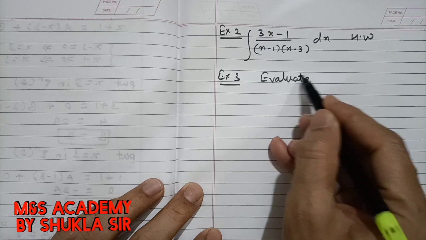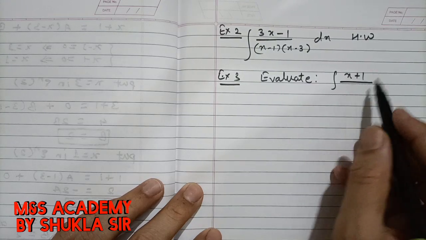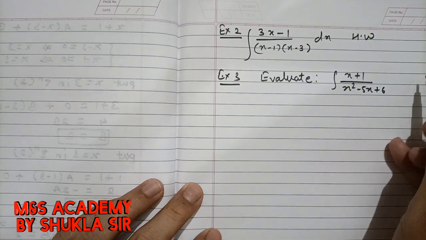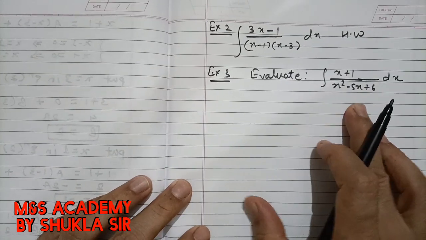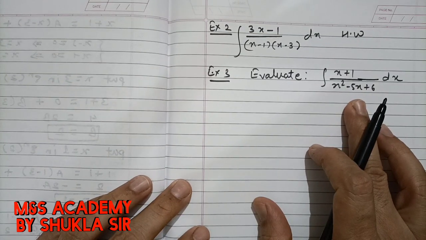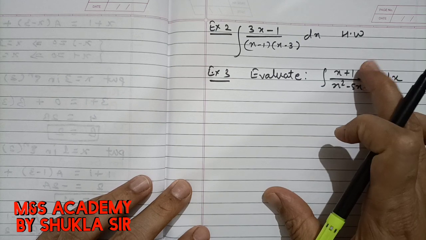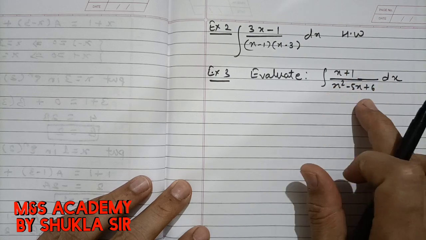Evaluate the integral of (x plus 1) divided by (x square minus 5x plus 6) dx. Now here you can see the degree of the numerator is 1 and the degree of the denominator is 2.